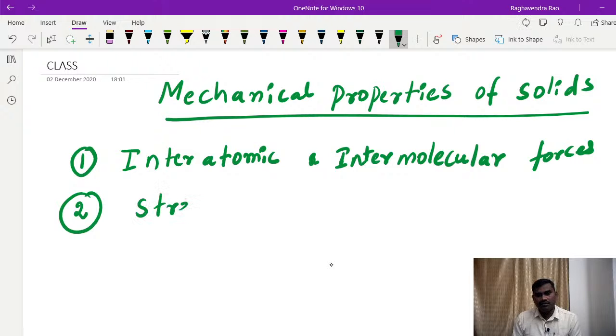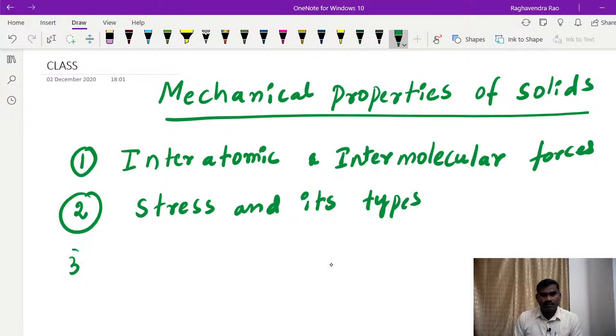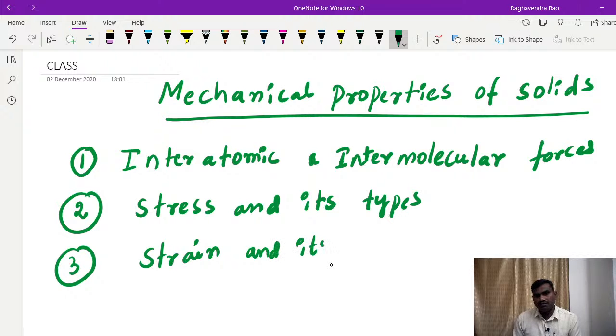Second one, stress and its types. Third one, strain and its types. So these are the three topics we are going to discuss in today's class.